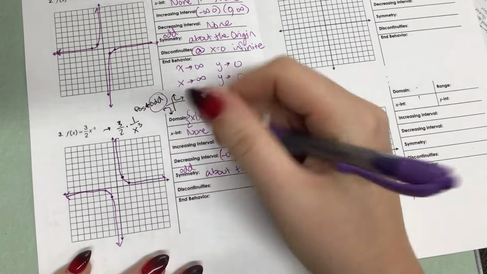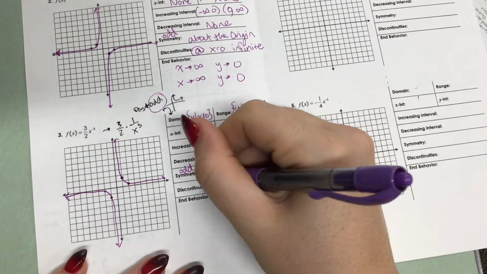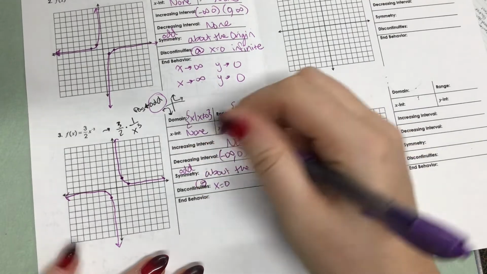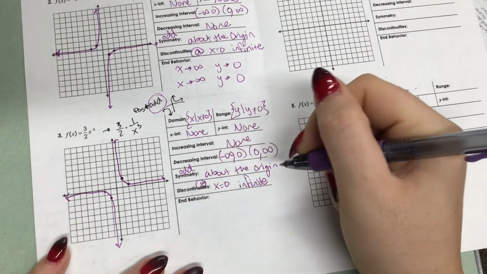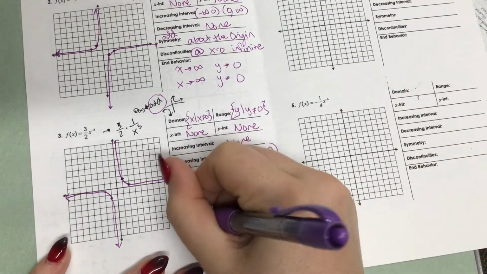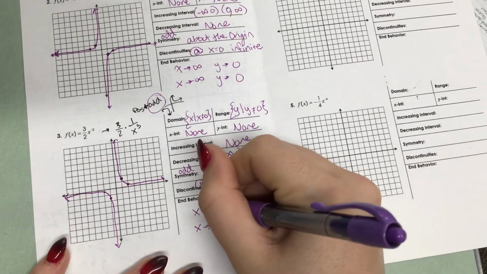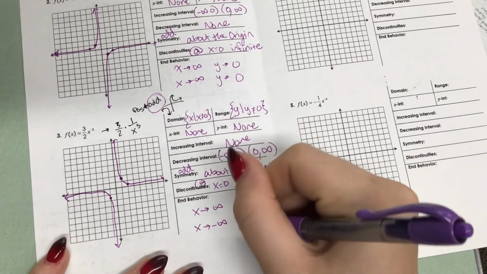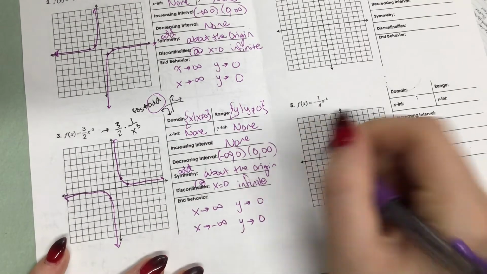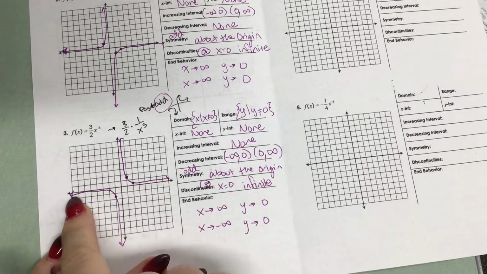Discontinuities, it has an asymptote at x equals 0. In both cases, as we go to the right, it's getting close to 0. As we're going to the left, it's getting close to 0.